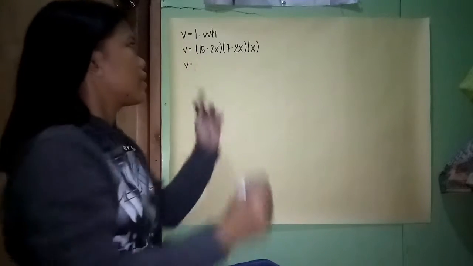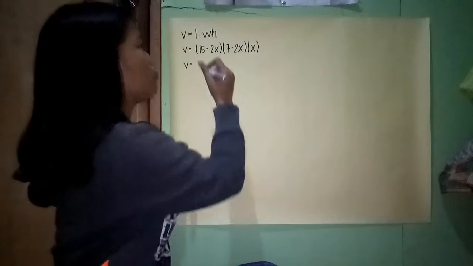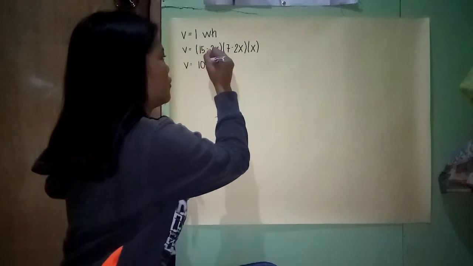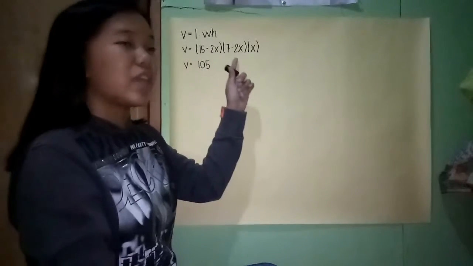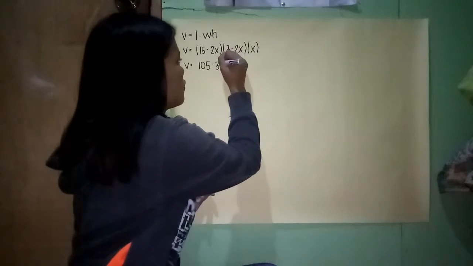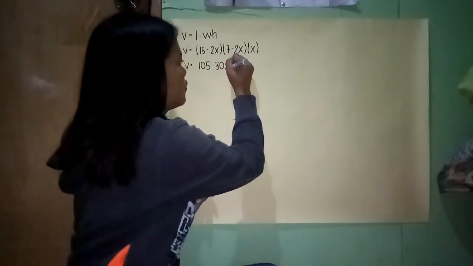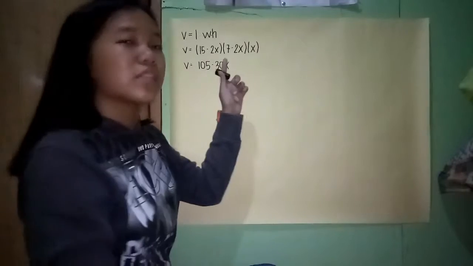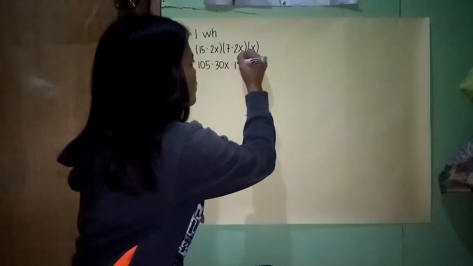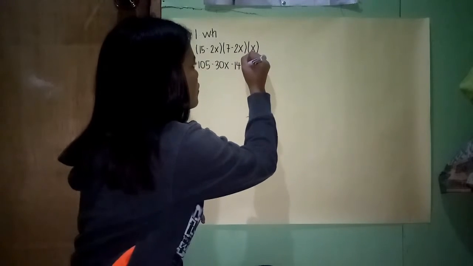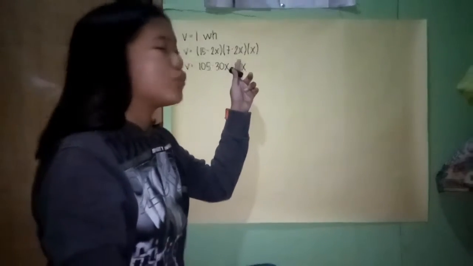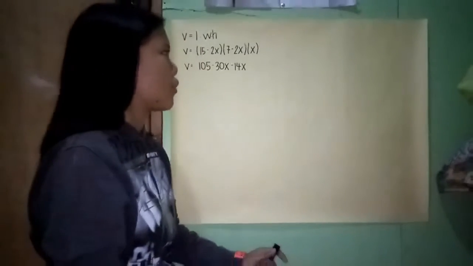So 15 times 7 is going to be 105. And 15 times negative 2x is negative 30x. Negative 2x times 7 is going to be negative 14x. And negative 2x times negative 2x will be positive 4x squared.